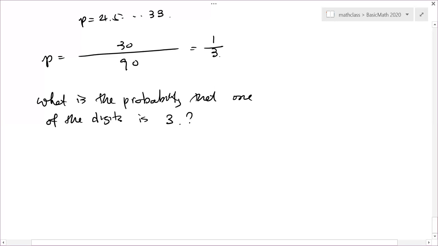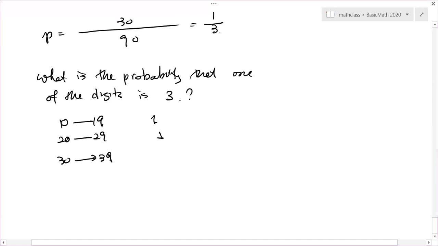From 10 to 19, there's only one number containing 3, right? And from 20 to 29, that's only one. But from 30 to 39, there are first of all 10 numbers, all of them contain 3.